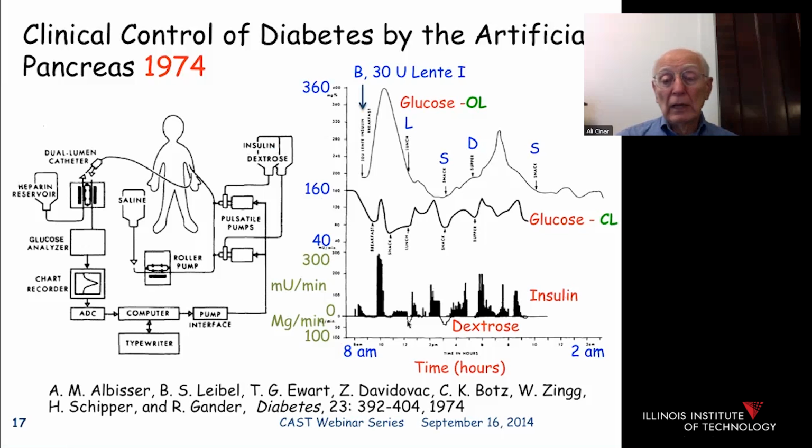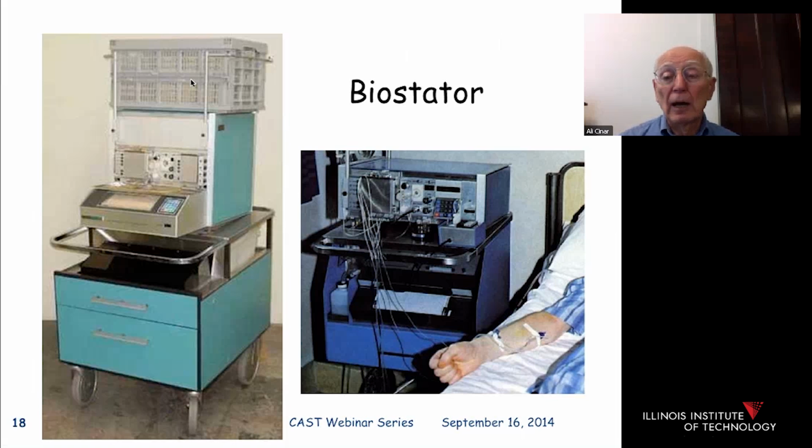So on the one hand, it shows that indeed the artificial pancreas system is something that could be realized with technology. On the other hand, it's also showing that with the way they have been able to do it in the 1970s, it is confined to a hospital room environment, and it cannot be ambulatory.